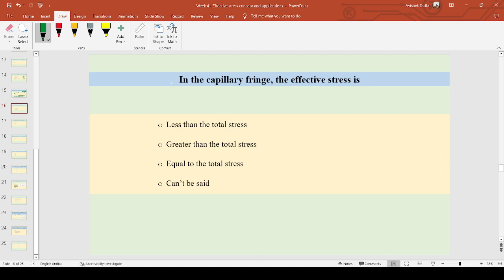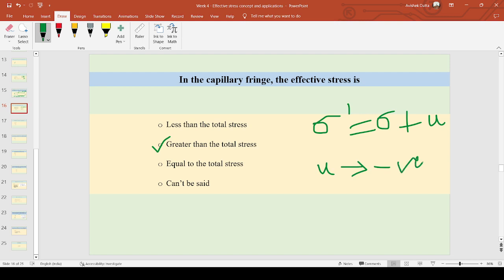In the capillary fringe, the effective stress is more than the total stress, because U is negative, U is tensile, due to capillary action. So effective stress is greater than the total stress in the capillary fringe.